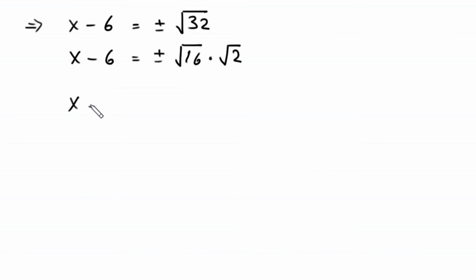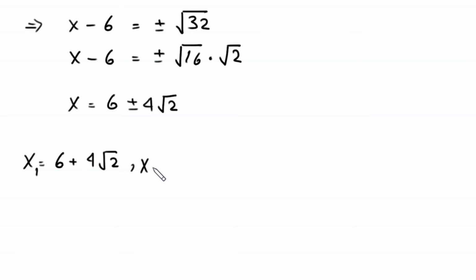Next, x is equal to positive 6 plus or minus root 16, which is 4, times root 2. So from here we get two values of x. x is equal to 6 plus 4 times root 2, and this is the first. The second value of x is 6 minus 4 times root 2.